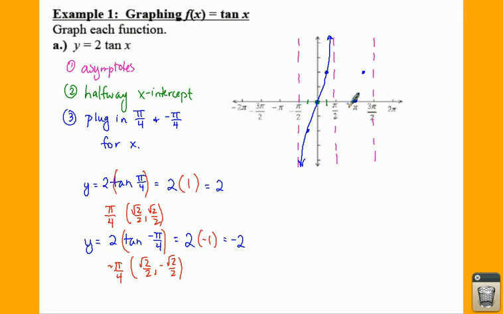Halfway between pi over 2 and pi we'd put a dot here, and then we would just extend this line. Looks like I'm going to have to make my dot bigger. This goes down in this direction. And then you could just keep repeating that left and right as much as you want.